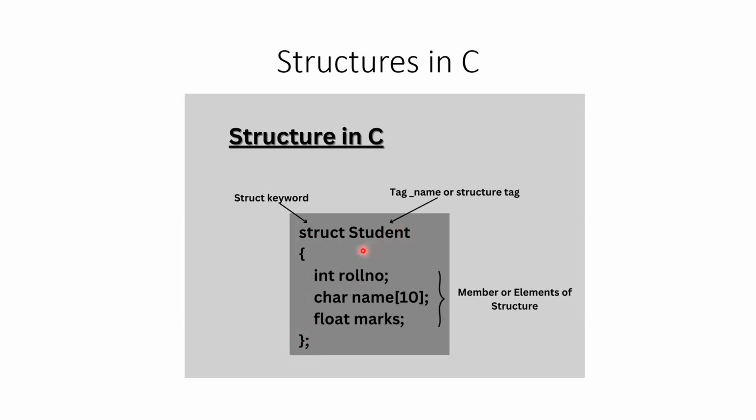Let us assume that we are writing for a student. We have to describe the features or characteristics of a student that can be added into the structure. For structure student, we can say roll number, which will be an integer, name, which will be a string, and marks, which will be a float.